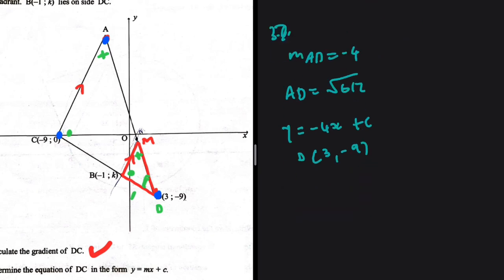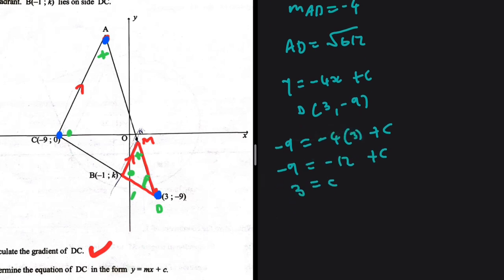So we can substitute: minus 9 is equal to minus 4 multiplied by 3 plus c. So minus 9 is equal to minus 12 plus c, so 3 is equal to c.